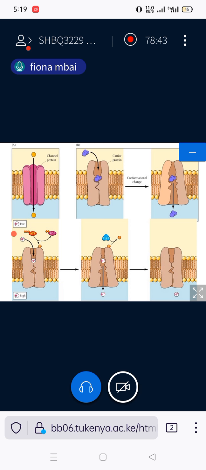And you know, in diffusion, you cannot get movement from low to high. Osmosis usually gets from high to low. So in order to move these protons from an area of low proton concentration, you require ATP.